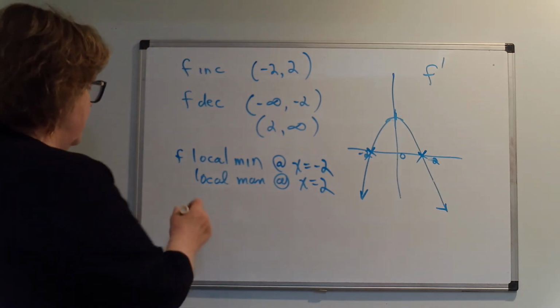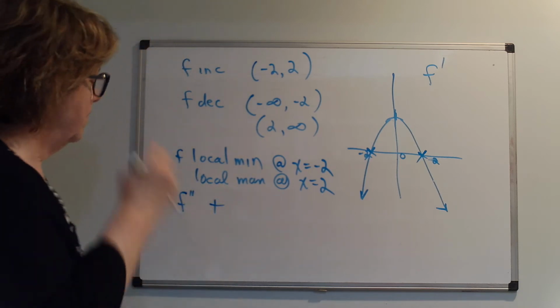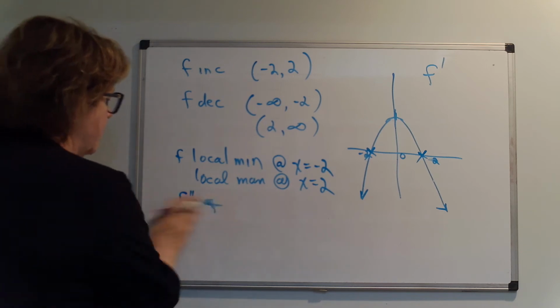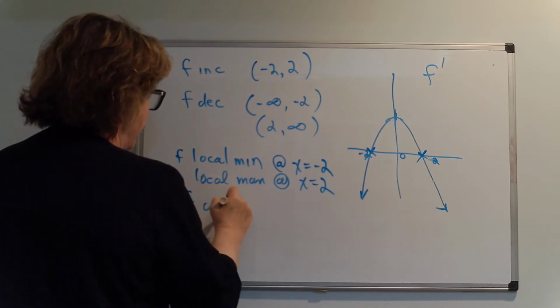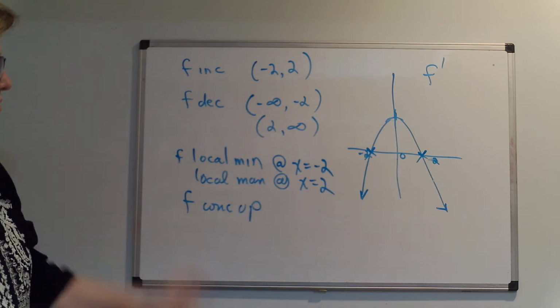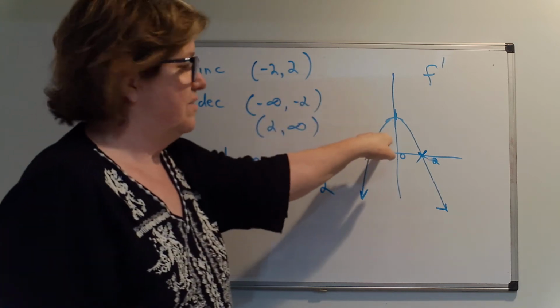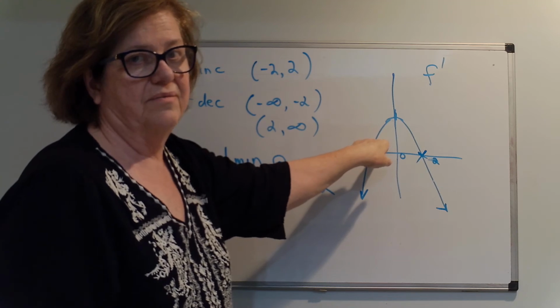Okay, now second derivative. We need to figure out where the second derivative is positive, because then we can determine where f is concave up. So we need where the second derivative, the derivative of this, is positive.